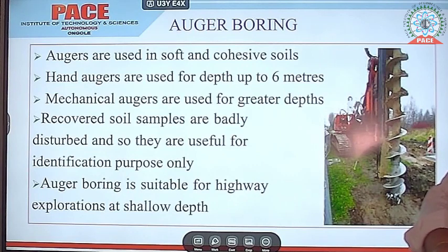The recovered soil samples are badly disturbed, so they are useful for identification purposes only, because the collected samples will be in a disturbed state. That's why this method is used for identification purposes only. Auger is suitable for highway explorations at shallow depths. So for shallow depths these auger borings are mainly used.